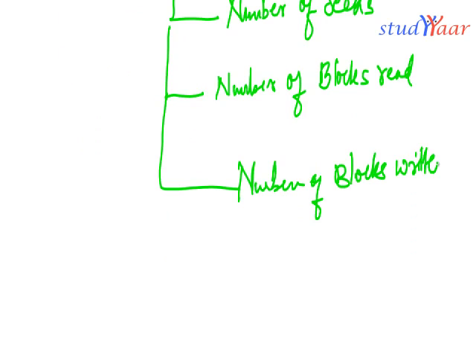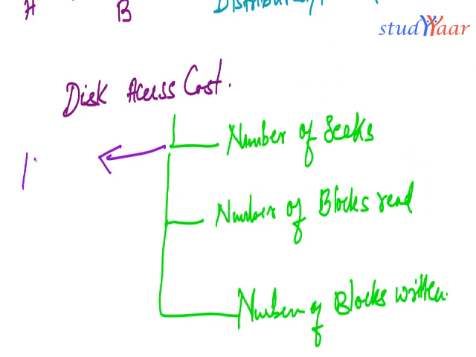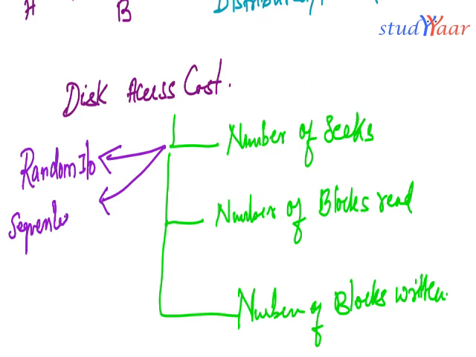Just keep in mind that seek cost is going to be different for random IO and for sequential IO, so I have to take this into account as well. If I have to go to a particular block in a sequential manner, then the cost is going to be higher as compared to reaching a particular block randomly.